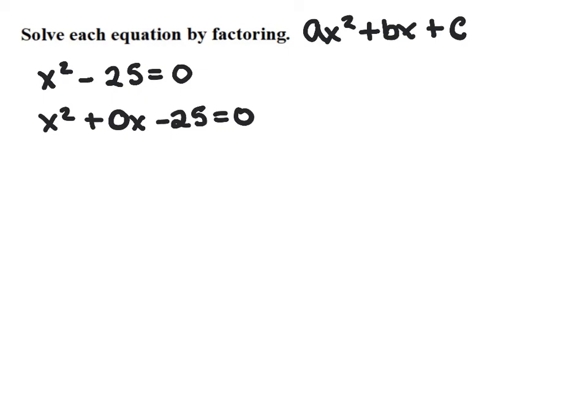Now we're going to solve just like we did for the other examples. So we want to determine which numbers multiply to -25 and add to 0.